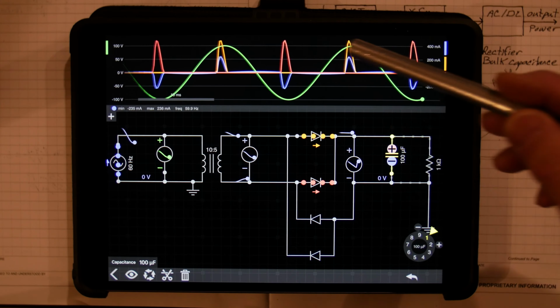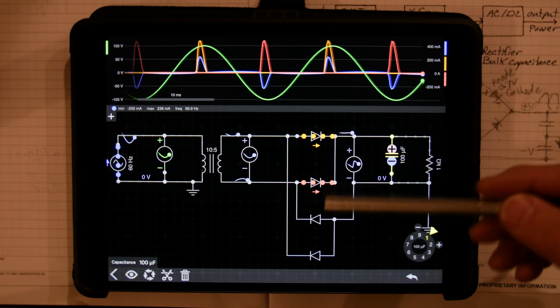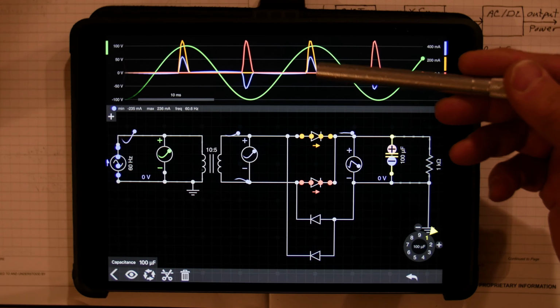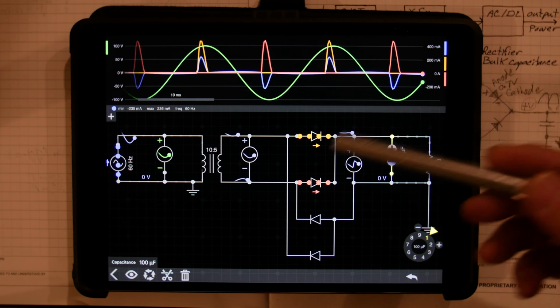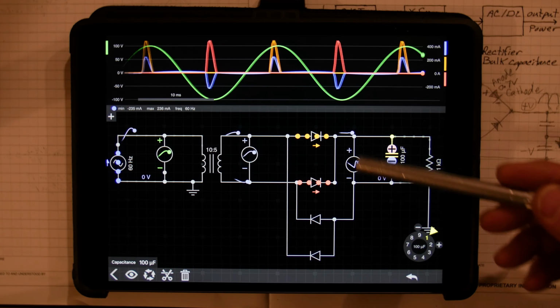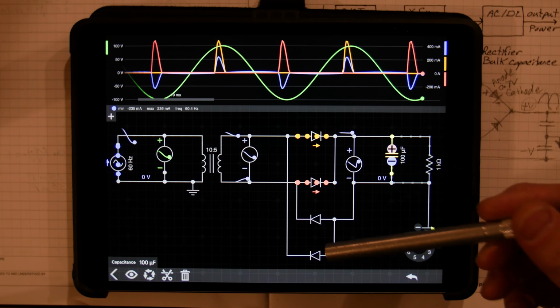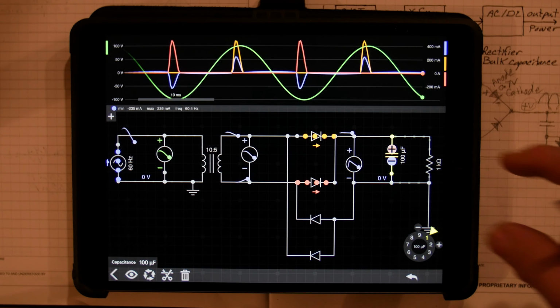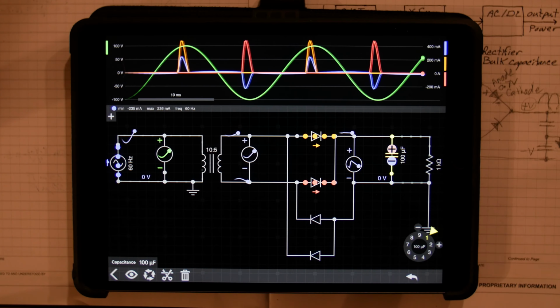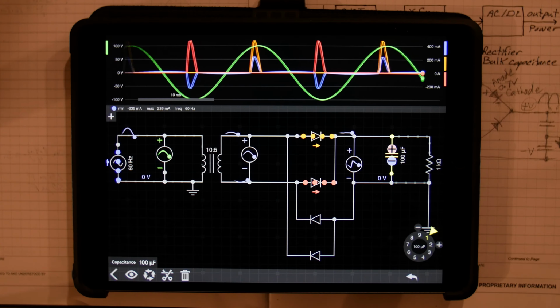So every time one of these diodes turns on, it pulls current from the input. But the input is AC, so you get pulse up here, pulse down here, pulse up here, pulse down here. This bridge rectifier, these diodes steer the current so they're all positive. So on this side of the diodes, we're getting just all positive pulses.